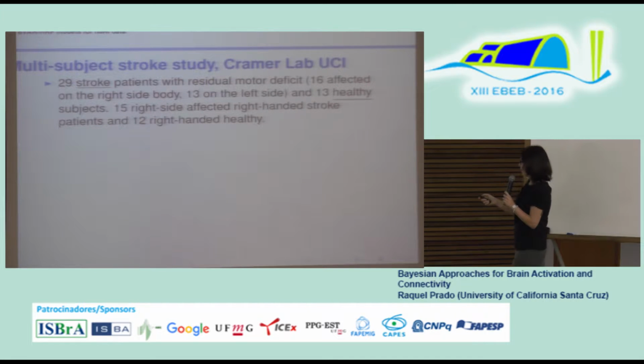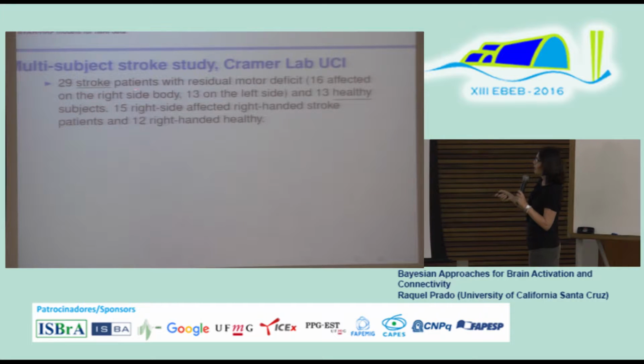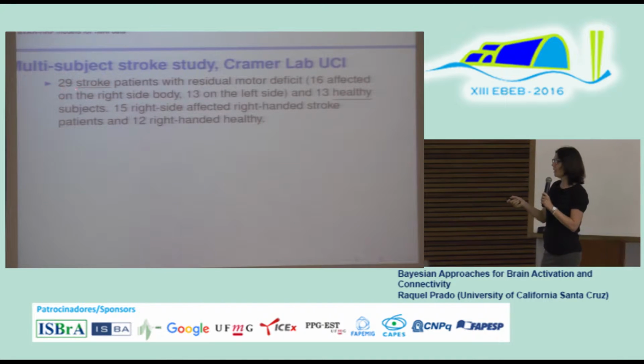Just to be a little bit more specific about the data, we have 29 patients who had a stroke 6 months prior to the study, and they have residual motor deficit. We have people that got the right side of the body affected, meaning the stroke was on the left side and affected the left side of the brain, and then we have 13 people on the left side.